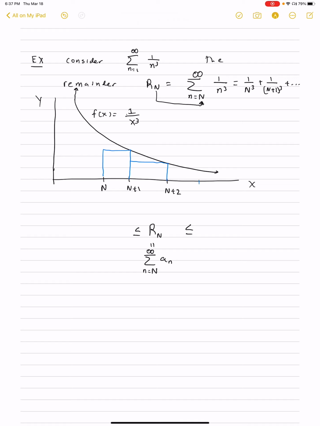And if I had this n plus 3 right here, if I write out what this area is, this is going to be 1 over n plus 1 cubed, 1 over n plus 2 cubed, etc., 1 over n plus 3 quantity cubed.